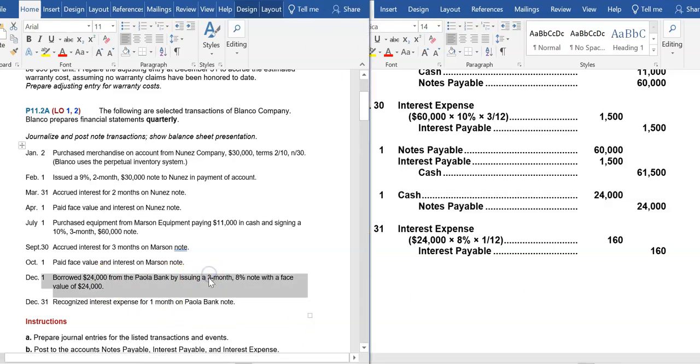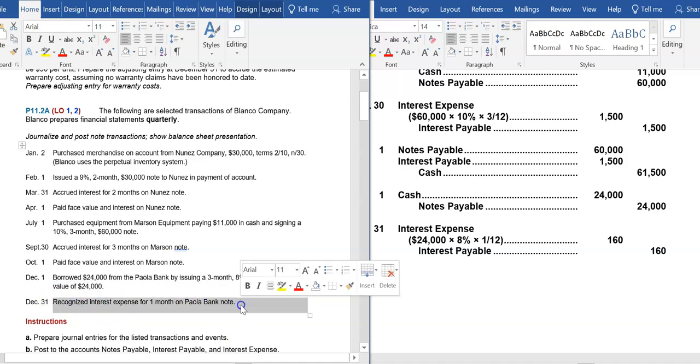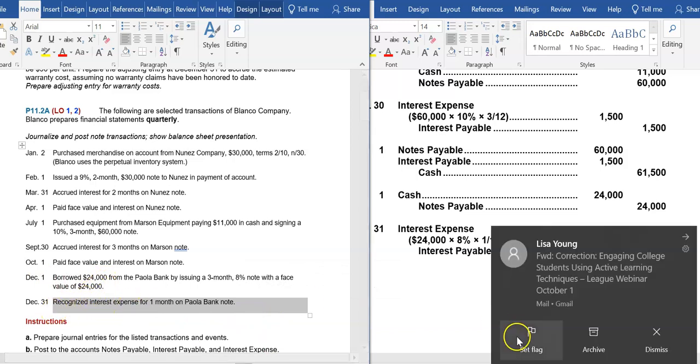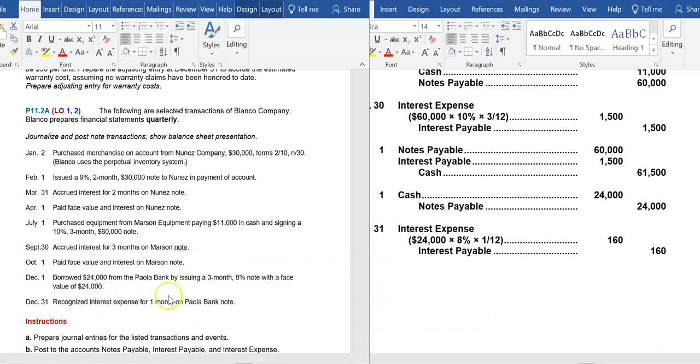That is a 3-month note, which means it will not be paid off until February 1st of the next accounting period. But at the end of the current accounting period, the last quarter of the year, we need to make sure we record the interest expense incurred since that note was issued prior to the end of the accounting period.